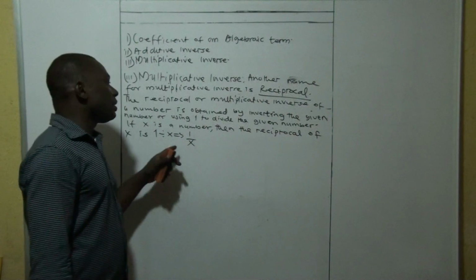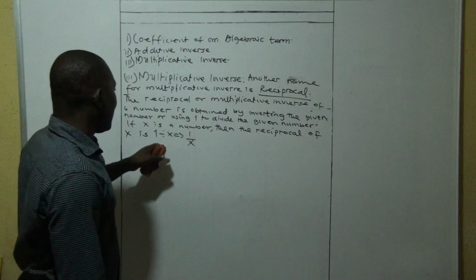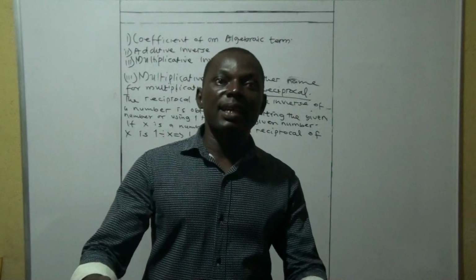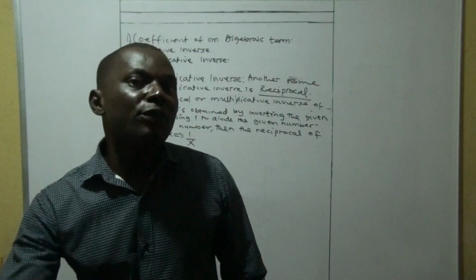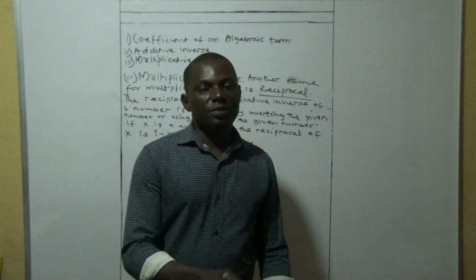It simply means: which number will you use to multiply X to give you 1? So another definition is that a number that multiplies the given number to give you 1 is called the reciprocal.